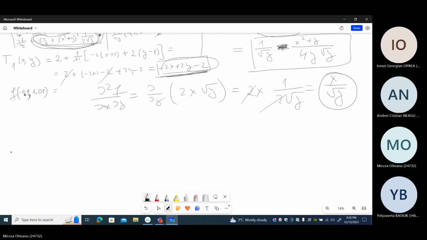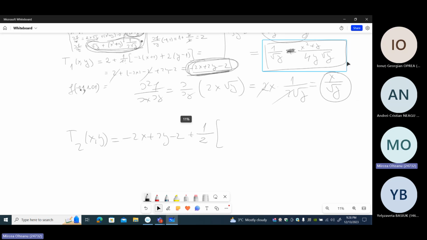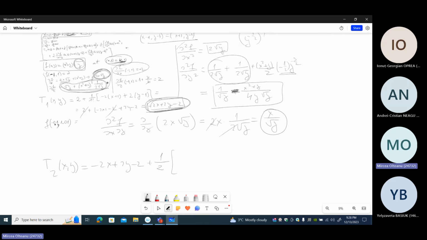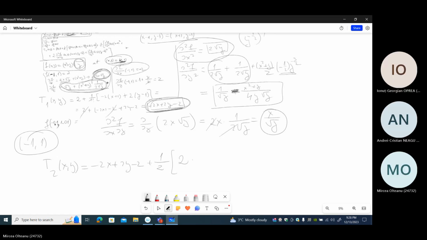So the second order Taylor polynomial will be the first order one, this one, minus 2x plus 2y minus 2, plus 1 over 2 factorial, which is 1 over 2, times the second order partial derivative with respect to x, which is this one. At our point, don't forget our point is (-1, 1), yes? That is 2. Times what?